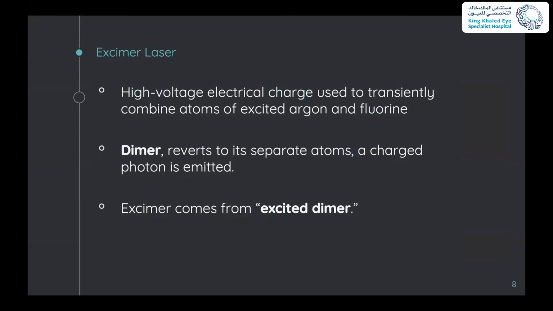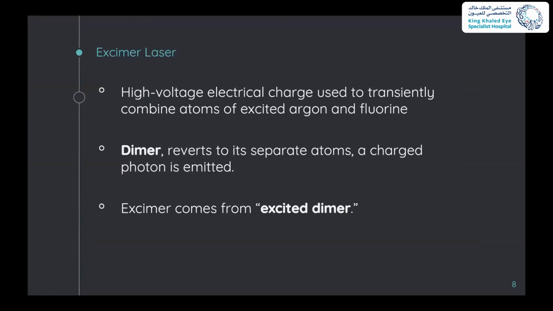For the excimer laser, we're actually using a high voltage electrical charge. The idea of this high voltage electrical charge is to combine the atoms of excited argon and fluoride. Once these two excited atoms come together, we call them a dimer.